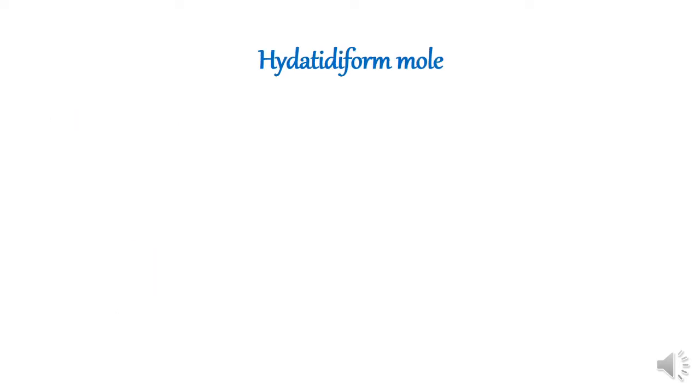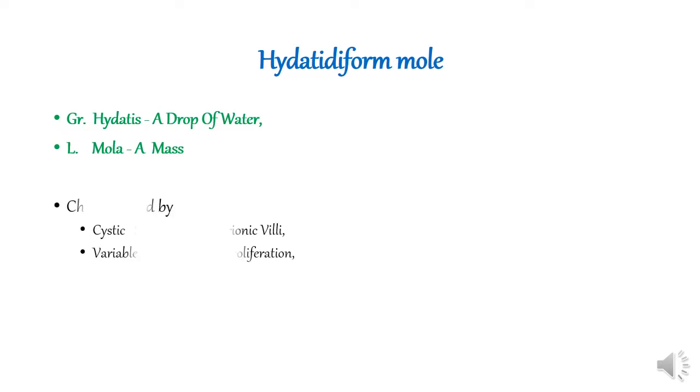Now we will go about the hydatidiform mole. The word hydatidiform mole is derived from two words. Hydatid is a Greek word which means a drop of water, whereas mola is derived from the Latin word which means a mass. This hydatidiform mole is characterized by two features: cystic swelling of the chorionic villi, or hydropic degeneration of the chorionic villi, along with variable trophoblastic proliferation.